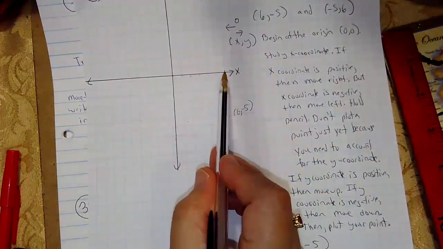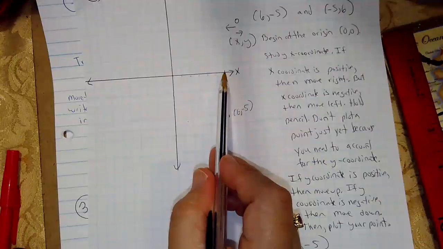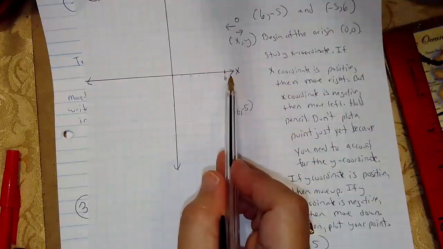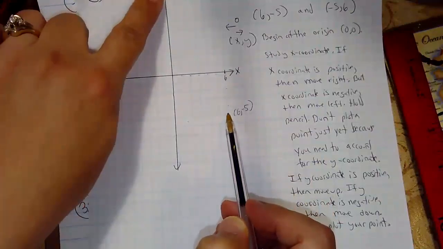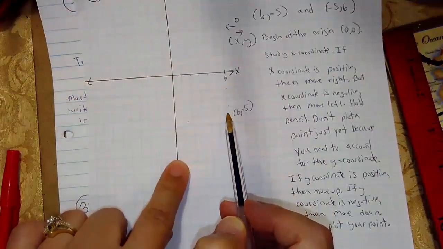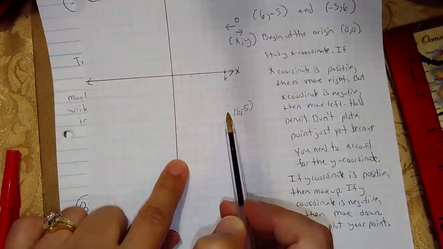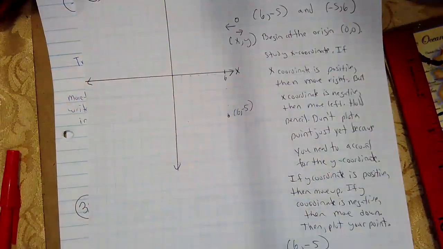To the right along the x-axis, and then it's located 5 units down, 5 units down along a line that's parallel to the y-axis. Yeah, and that's where we get that from.